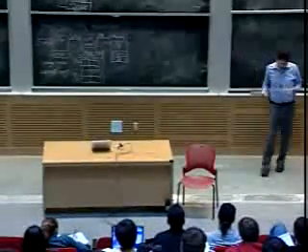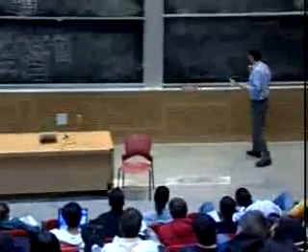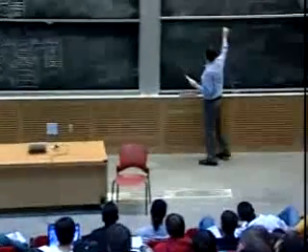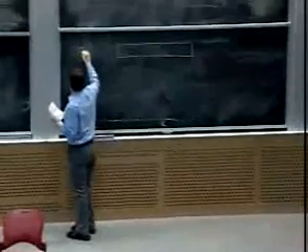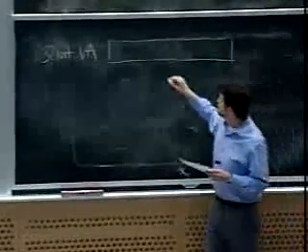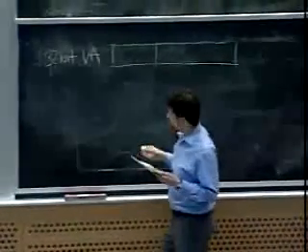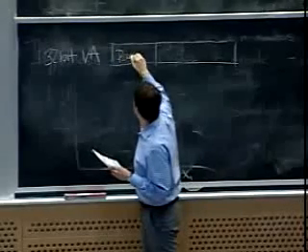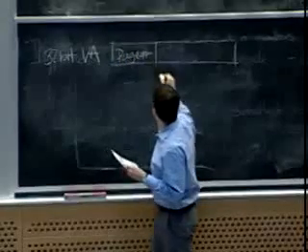The idea is very simple, and you saw it in 6004. Take the 32-bit virtual address and split it up into two pieces, a page number and an offset.